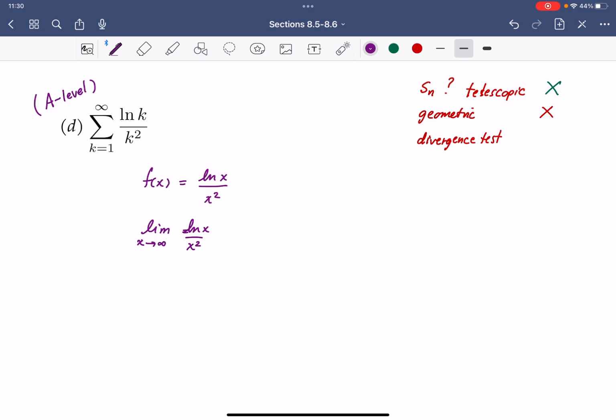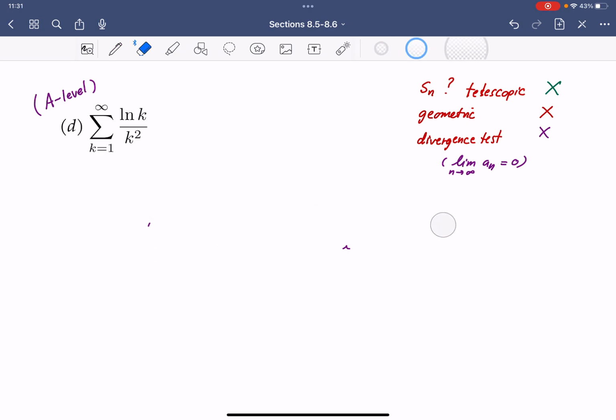If the limit of a_n is not equal to 0, the series is divergent. So differentiate log x, you get 1 over x, and this thing you get 2x. This is L'Hopital's rule, and it doesn't give you a good thing. The limit is actually 0, which means the divergence test cannot be applied either, because the limit of a_n is 0. So there's no way you can use the divergence test. So telescoping fails, geometric series fails, the divergence test fails. So one thing that you can always use is the integral test.